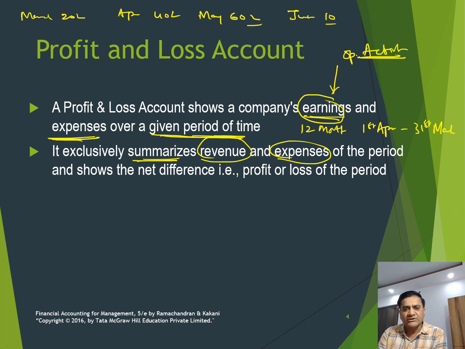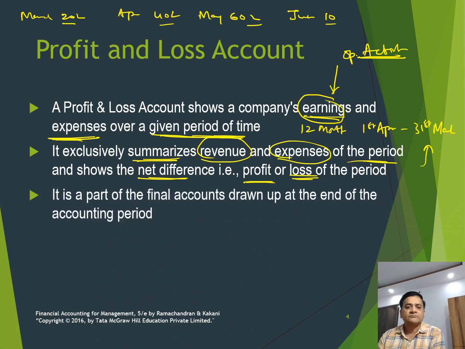So I don't show these sales in the profit and loss account or the income statement. What I do is I show the total of these revenues and total of these expenses during this period. And then we talk in terms of the net difference, which would be either the profit or loss from that period, right?